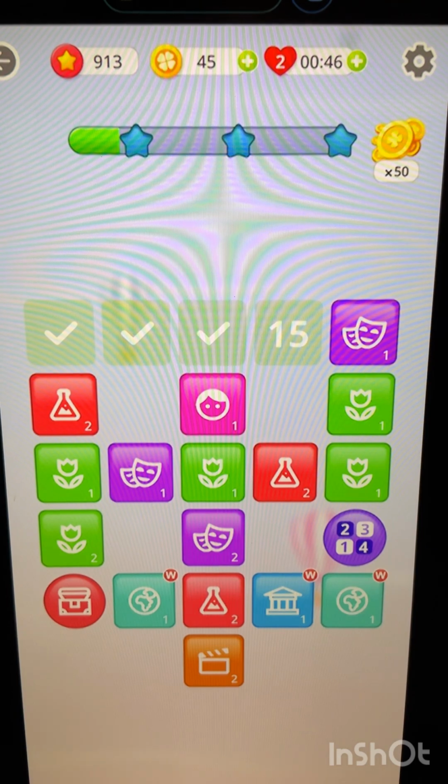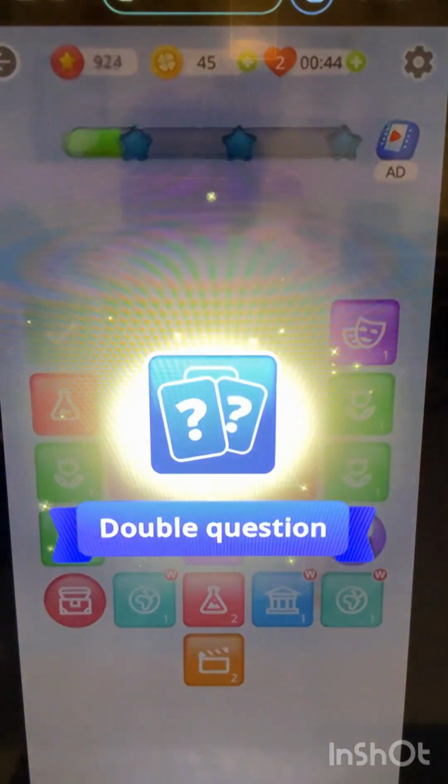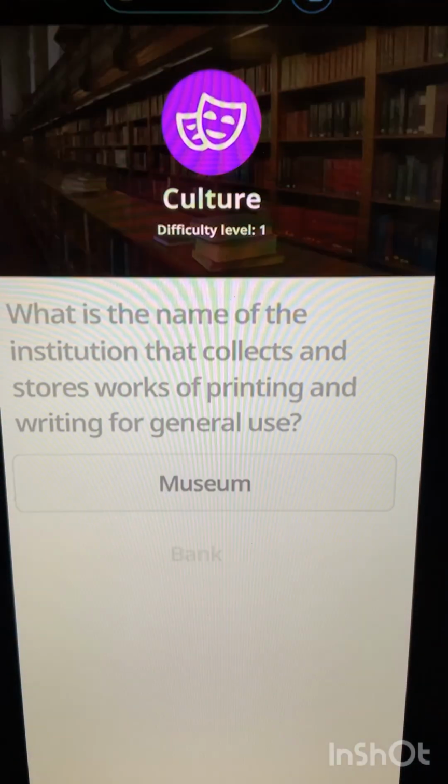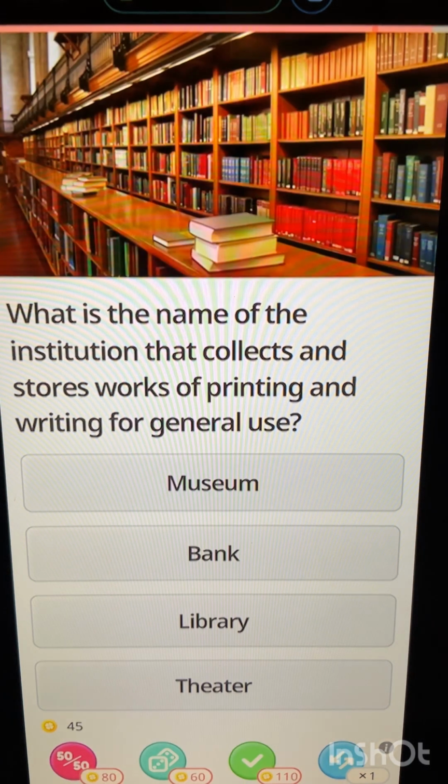And what is the name of the institution that collects and stores works of printing and writing for general use? So I think it's, let me go.